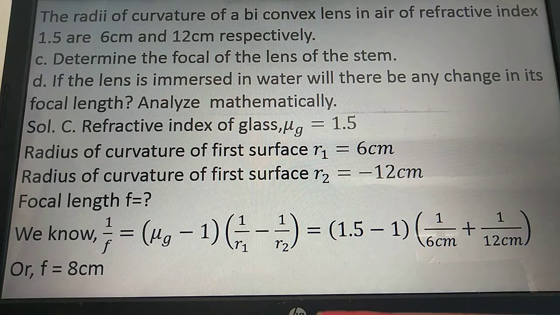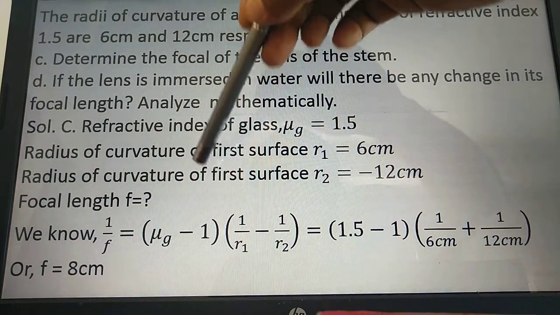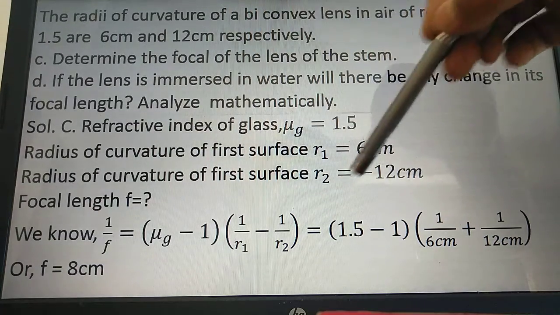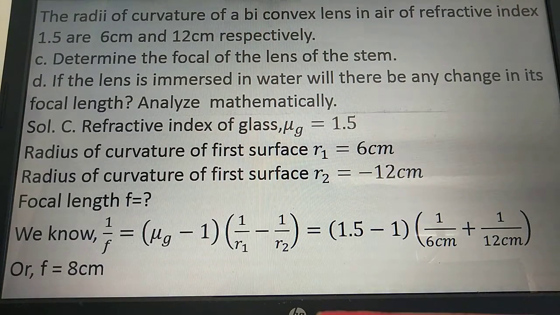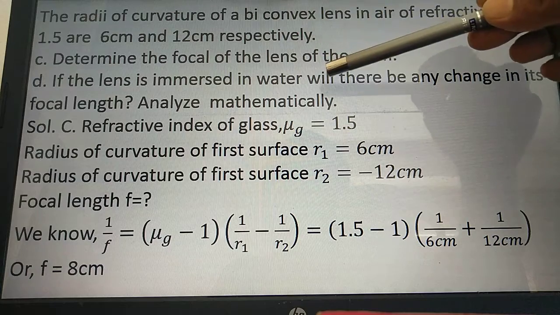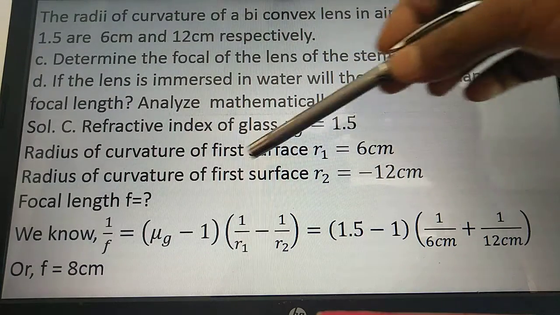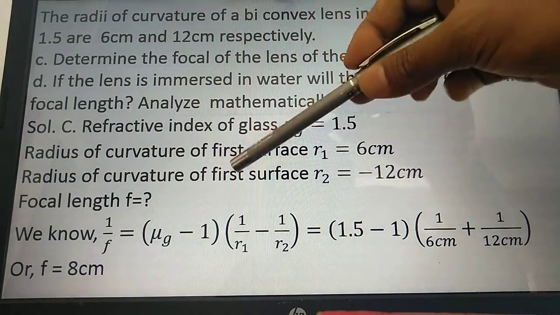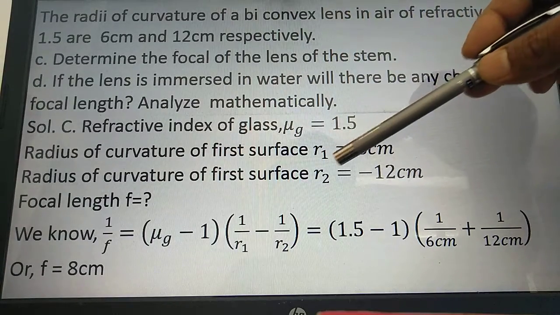Refractive index of glass mu g is equal to 1.5. Radius of curvature of the first surface R1 is equal to 6 cm. The radius of curvature of the second surface, R2, is equal to minus 12 cm. We have to remember that for a biconvex lens, the radius of curvature of the second surface will be negative.